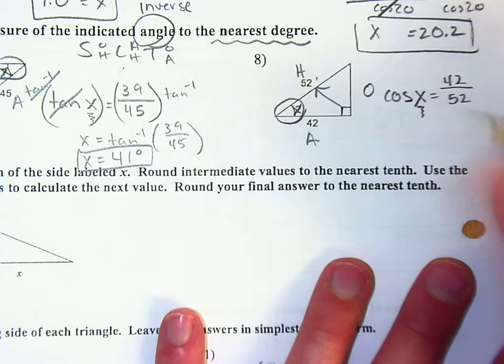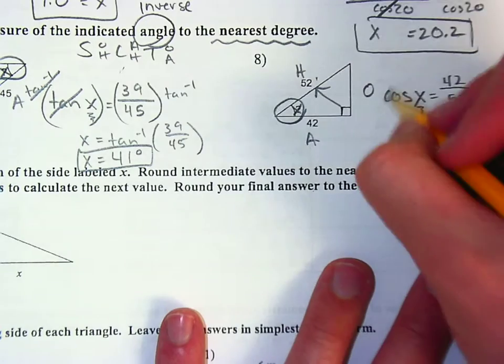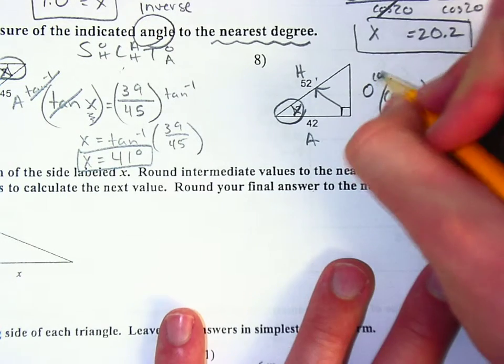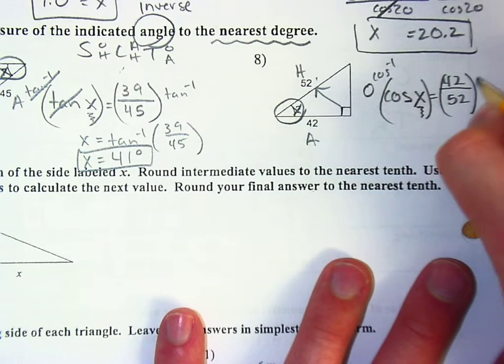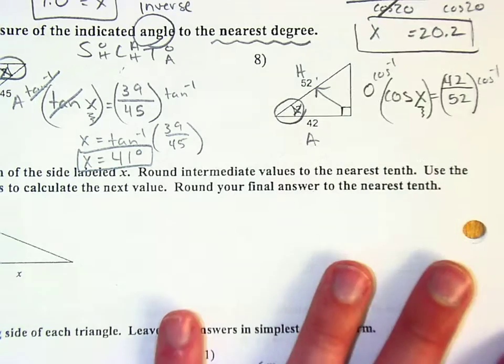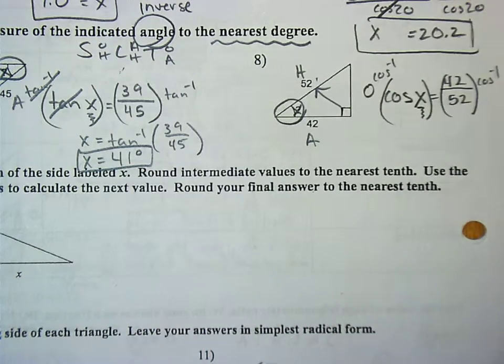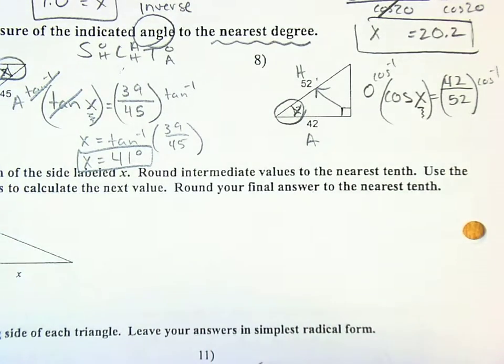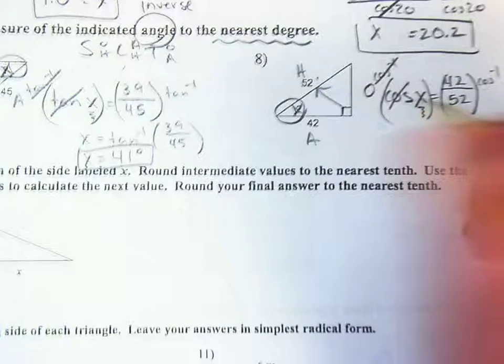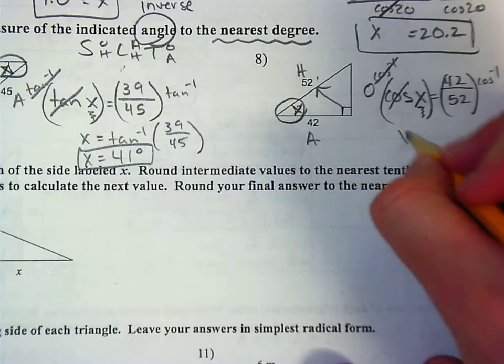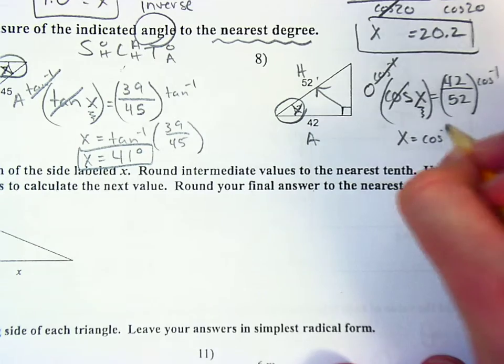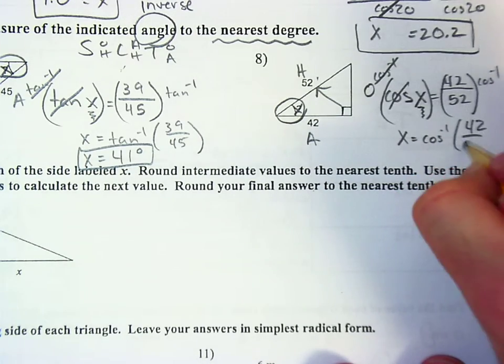You get our angle inside here. That is the thing we're solving for. That's our variable. So we're going to use the inverse function. And the inverse of cosine just looks like cosine with a -1 on top. They cancel each other out. So we're left with x equals the inverse cosine of 42 over 52.